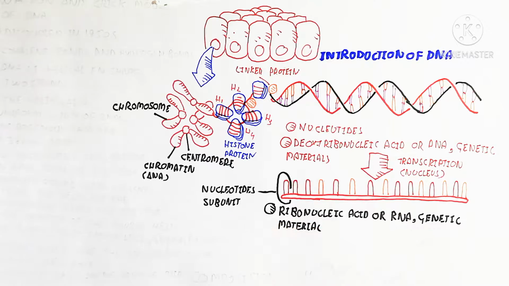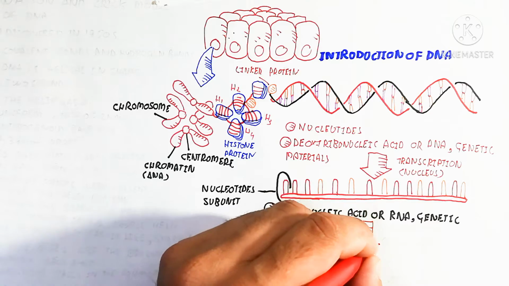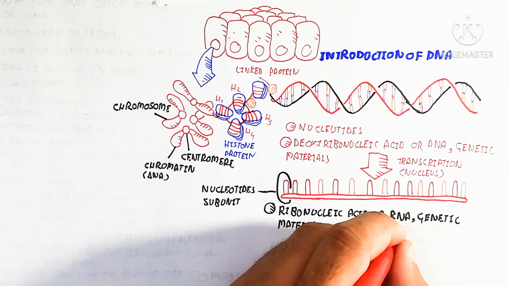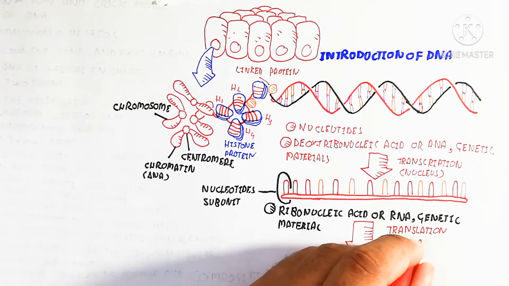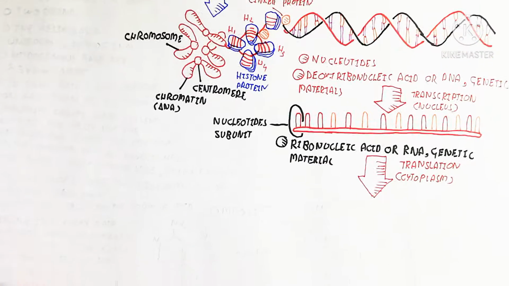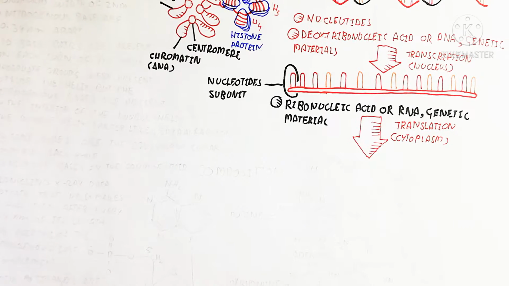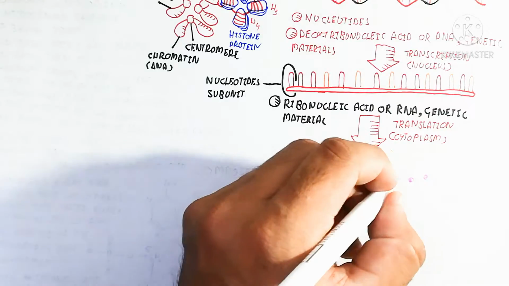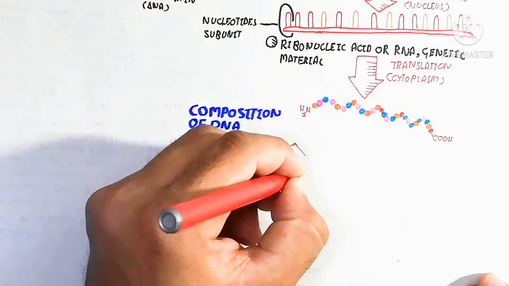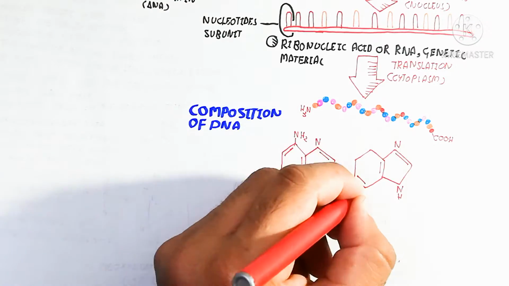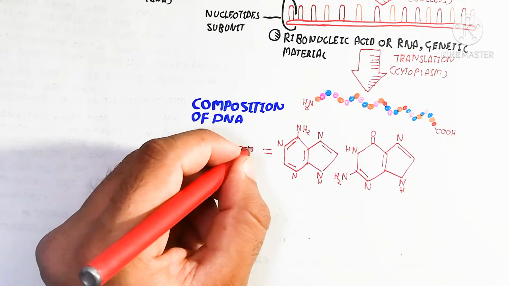RNA polymerase is used to produce the RNA from the DNA. So the ribonucleic acid, or RNA, comes from the genetic material, and after the translation in the cytoplasm of the cell, it produces protein, and that protein does unique work. The structural and functional proteins are produced, for example the antibody production or muscle protein, or you can say everything.